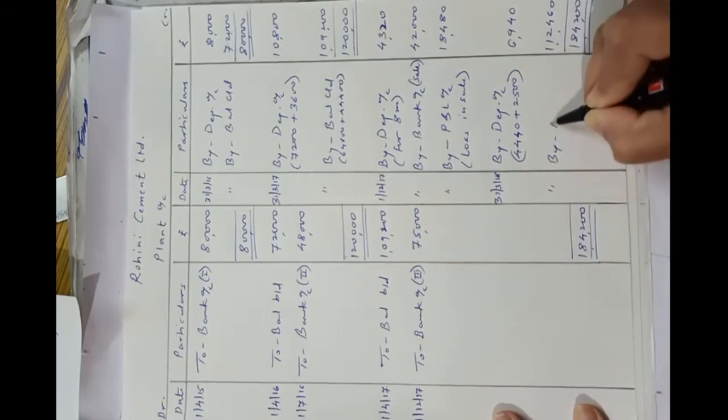By balance carried down, it will be brought down on 1st April 18 to balance brought down 1,12,460.